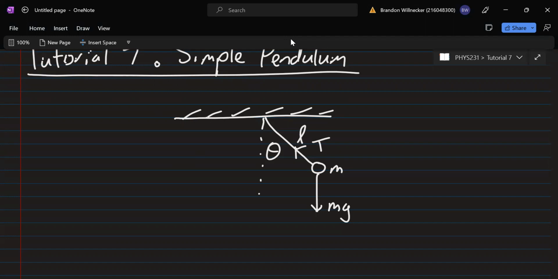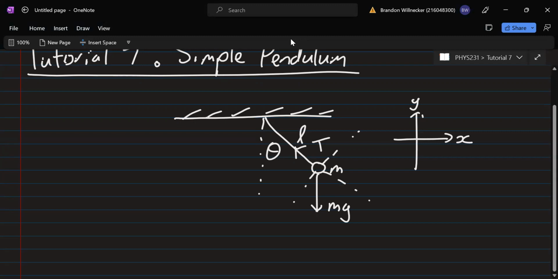However, we would like to find not the forces in the usual xy. That's not going to be so helpful because we've got circular motion. So choosing a coordinate system like the typical Cartesian is not very helpful. Instead, we look at the rope forming our new, quote-unquote, vertical, and then the other direction perpendicular to that.